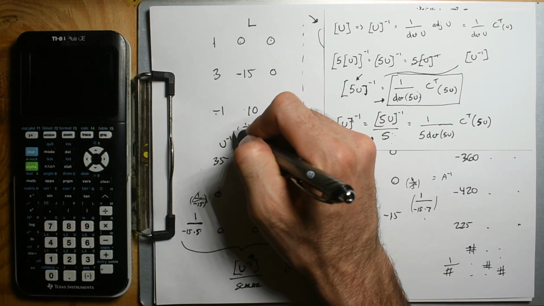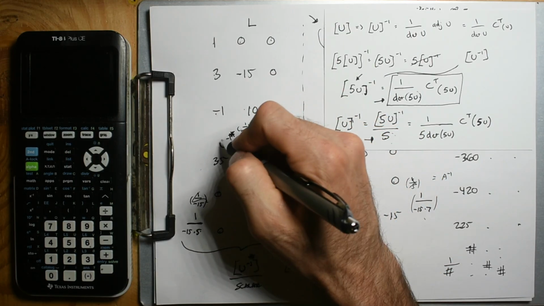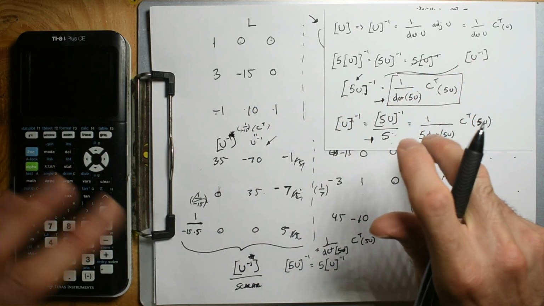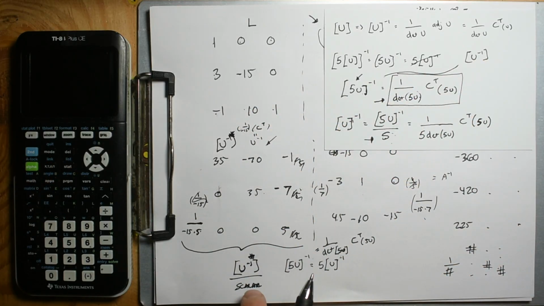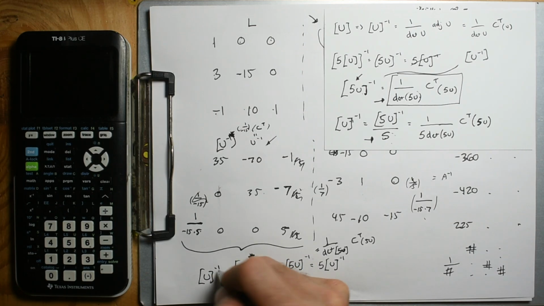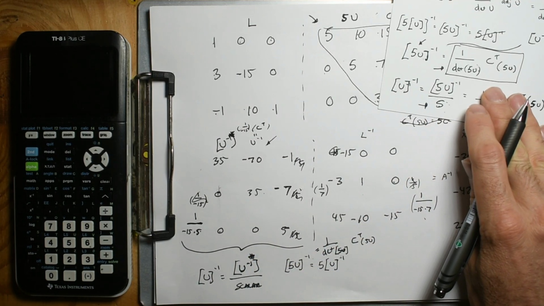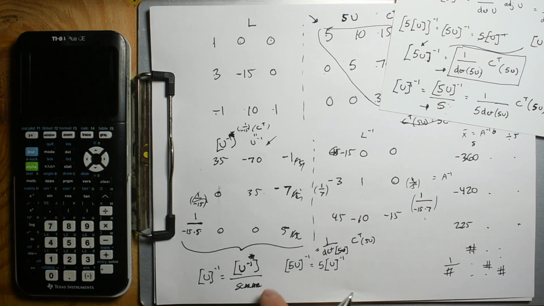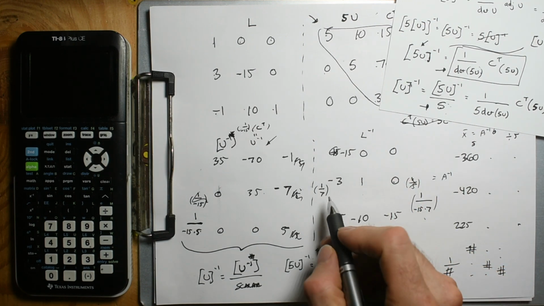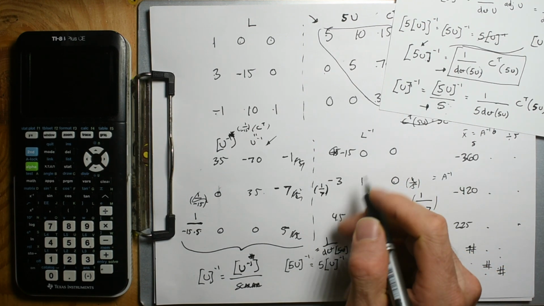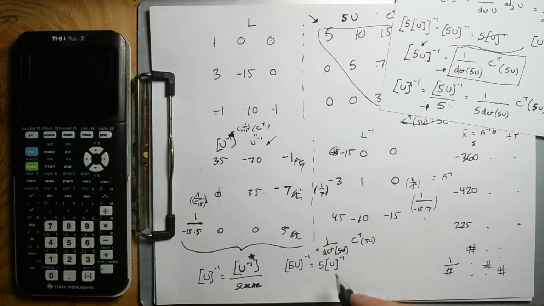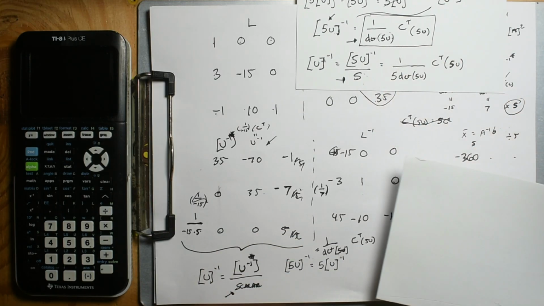I'm pretending like it's inverse U, but it needs to be divided by a scalar to actually make this inverse U. And that's the same thing over here as well. I would have to divide by 7 to make this the inverse of the lower. And I just need to know what these scalars are.